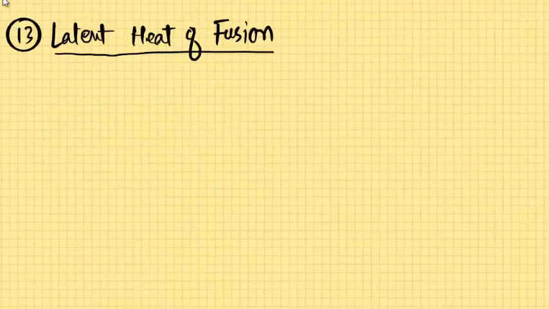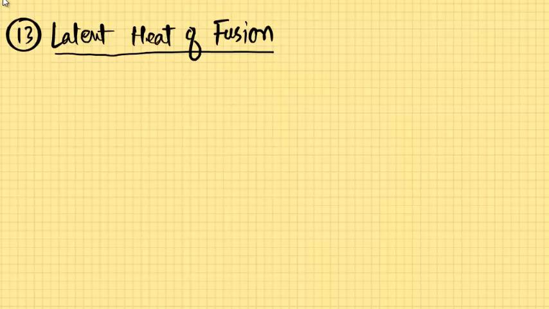Now the next example is latent heat of fusion. Now what is latent heat of fusion? Latent heat of fusion is nothing but the amount of energy required to convert a solid into liquid at a constant temperature. So this is nothing but energy.